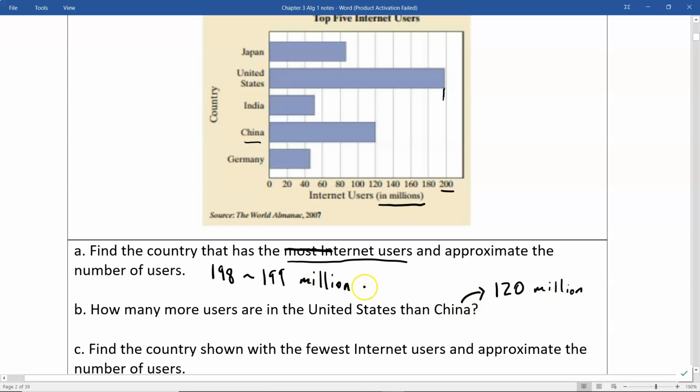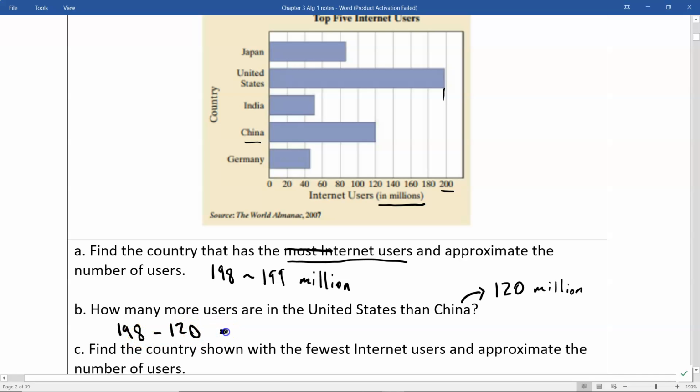So to figure out how many more America, or the US, has, we simply subtract this 120 from our estimate of the amount of users that the US has. So we would write 198 or 199, whichever estimate you think is better.